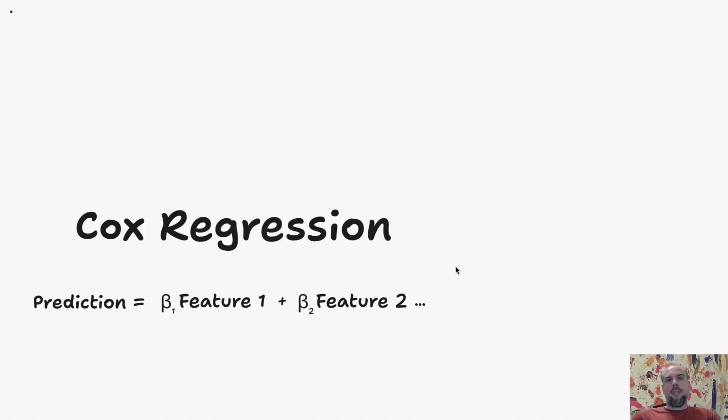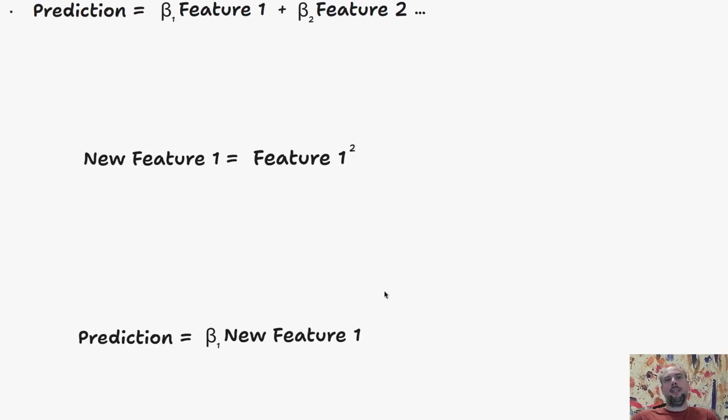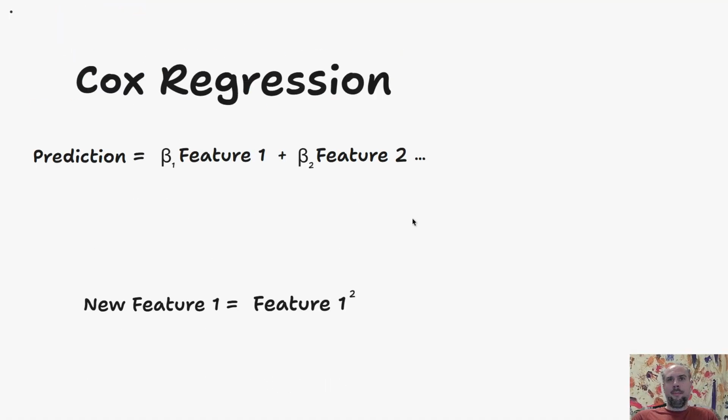One trick you can use, however, is you can make a new feature, which is some transformation of an old feature, and then fit a Cox regression. The problem with this, though, is you have no idea what transformation you should do. And if you have multiple features, these transformations are going to be very complex, and there's basically an infinite number of possible transformations.